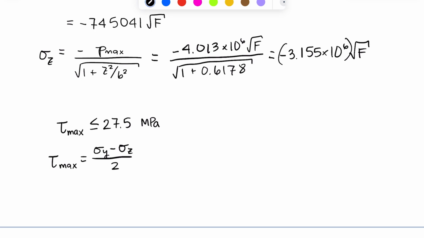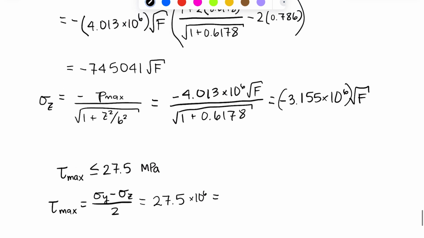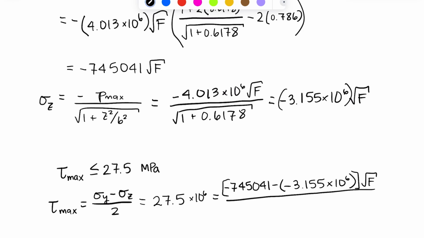So if I set this equal to 27.5 times 10 to the 6 and plug in what I have found for sigma y and sigma z, so this is negative 745,041 minus negative 3.155 times 10 to the 6, and this is all times the square root of F divided by 2.